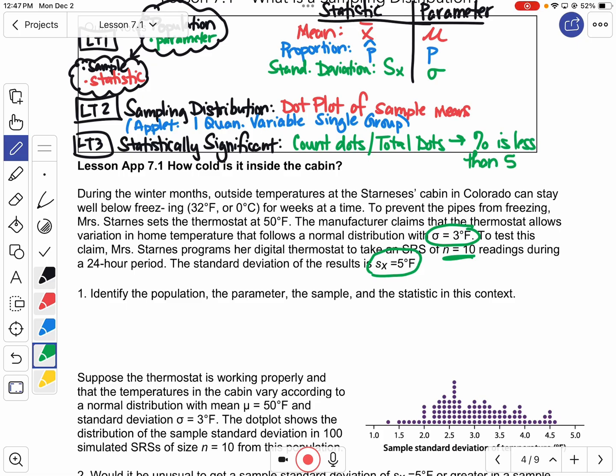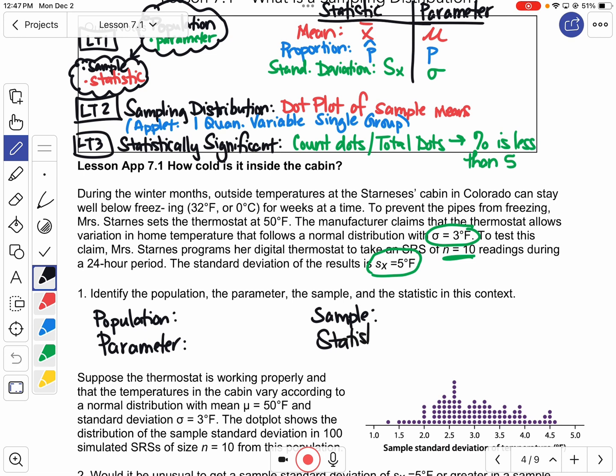Okay, so there's a lot of things there that are going to help me be able to figure this out. The first thing it wants to know is what's the population and the parameter. And then we want to know the sample and the statistic.